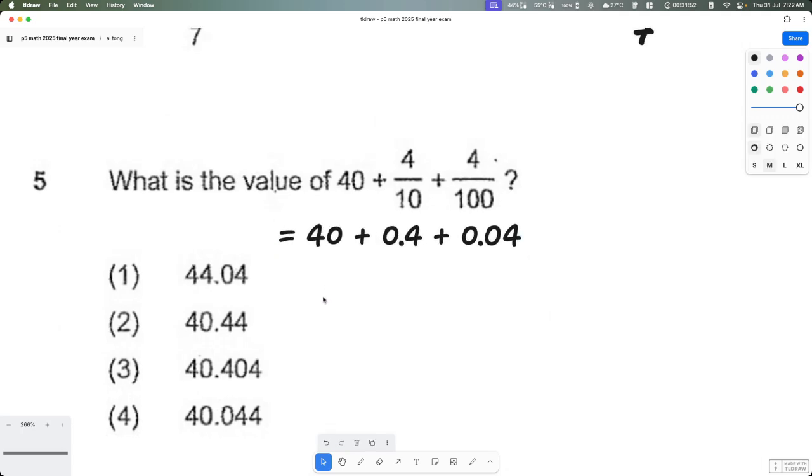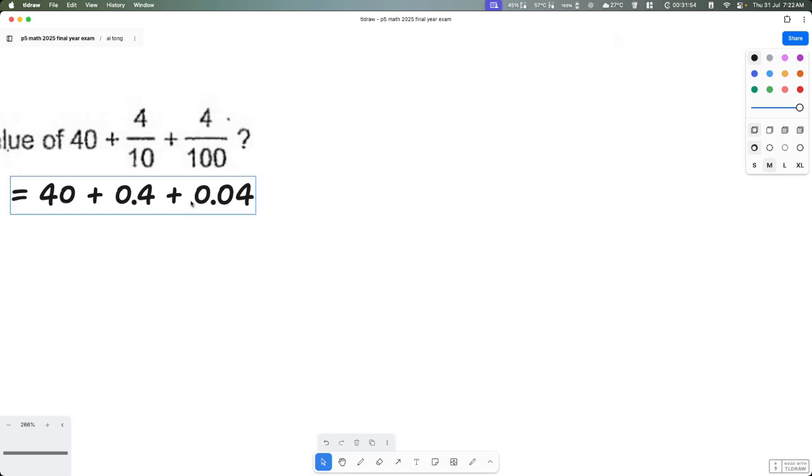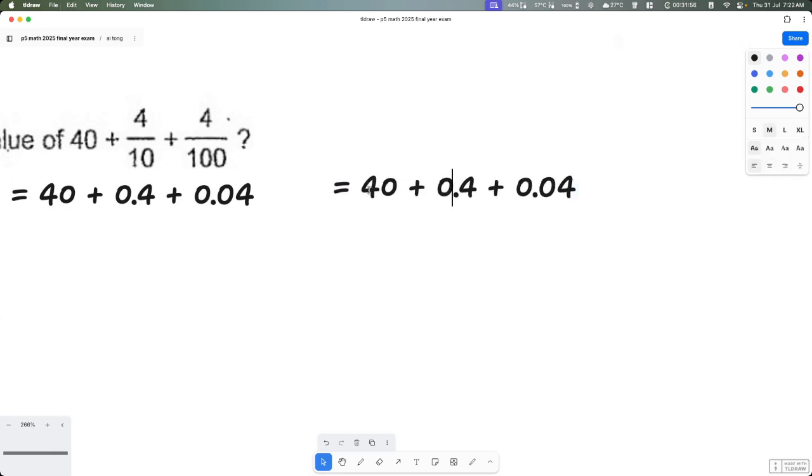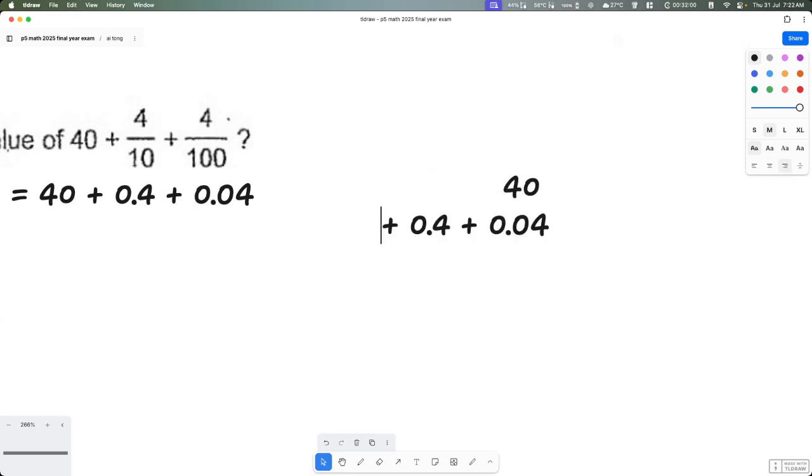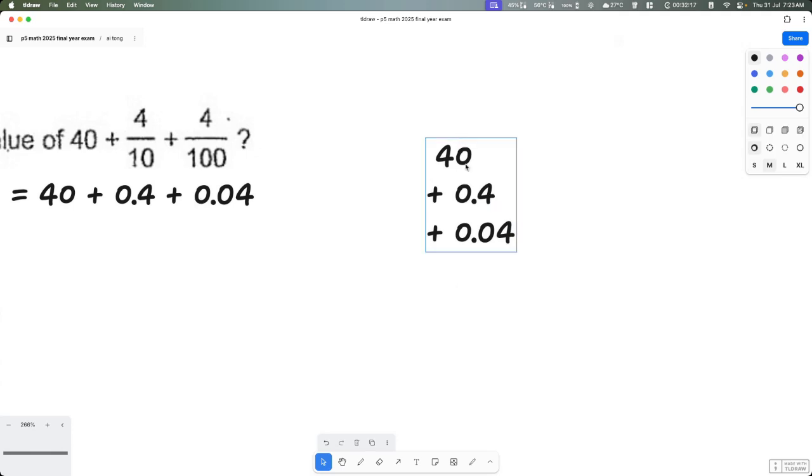So if I were to do this over here, I'll have 40. Let me make this like this. 40 plus this and this. It will all look something like this. Let me remove the space here as well. So you see it's pretty clear how we can do this.